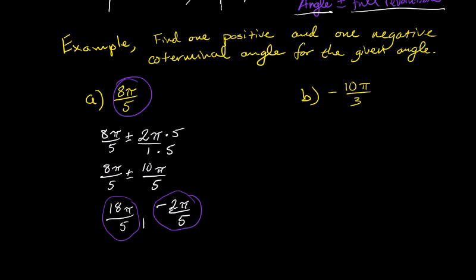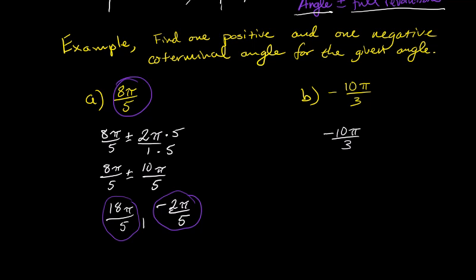Let's do one more. So you have now negative 10 pi thirds. If you think about negative 10 pi thirds, say to yourself, okay, if I did 10 divided by 3, that'd be 3 1/3. And so I say to myself, okay, that's bigger than 2, if I'm not using the negative.